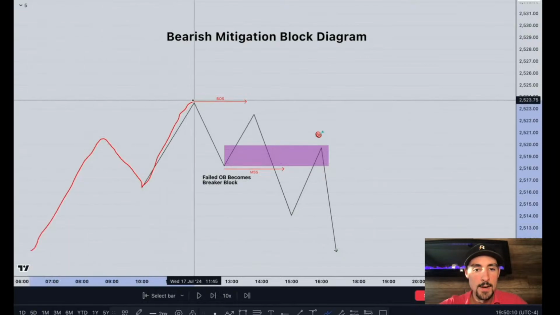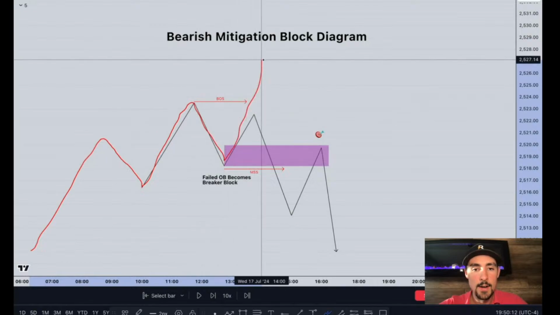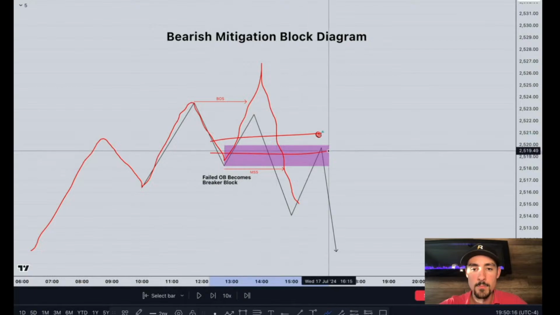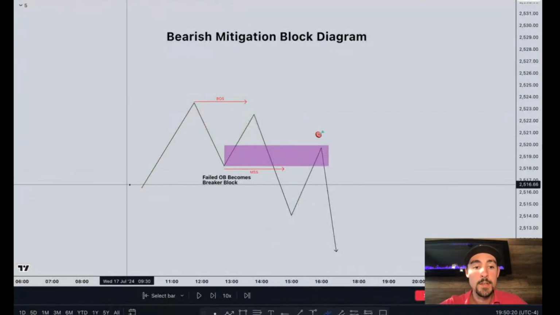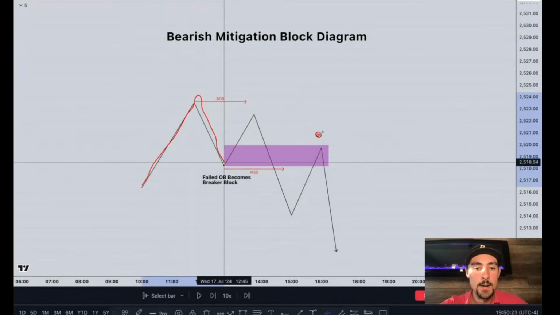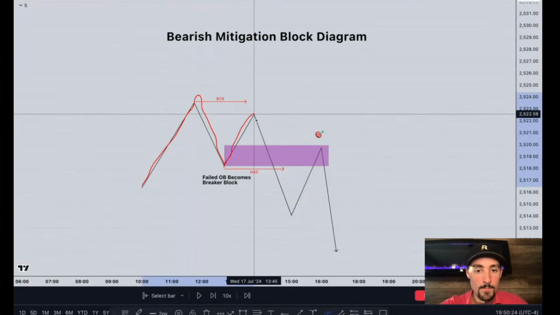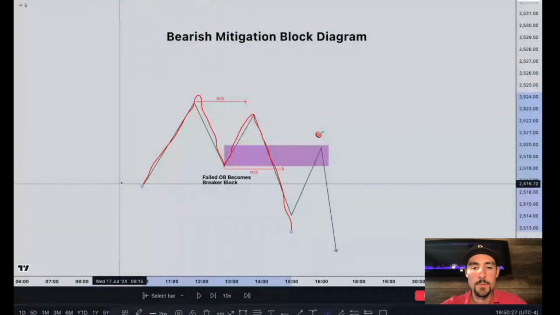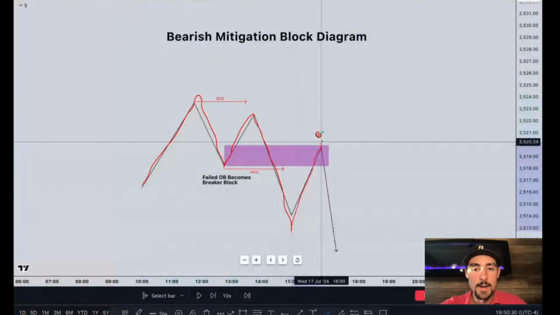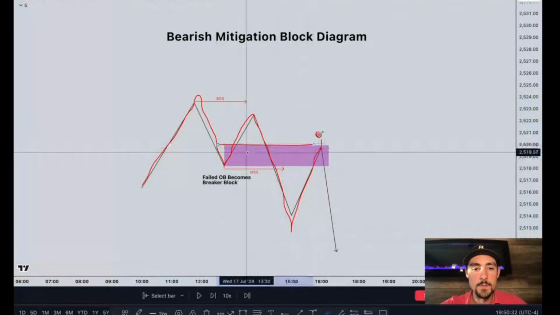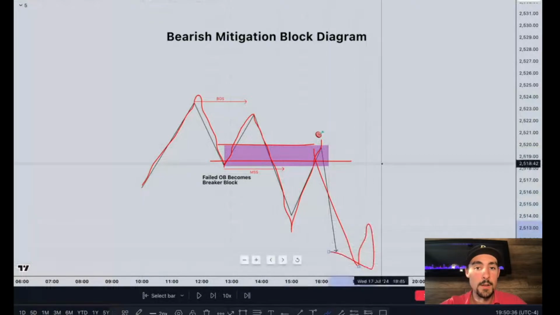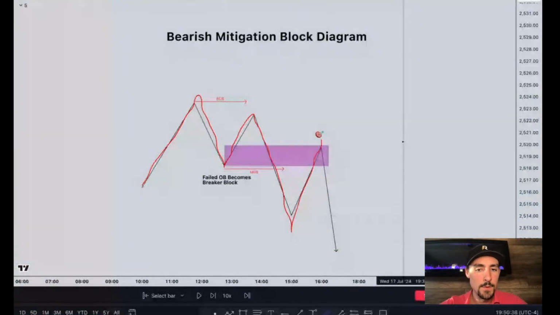Instead of seeing a high, higher low, higher high market structure shift, failed order block becomes your entry breaker block. Inversely, we see a high, higher low, lower high, price trades to the downside. We see that change of character, and then price comes back into this as a potential failed order block prior to trading to the downside. So that's the difference between these two.